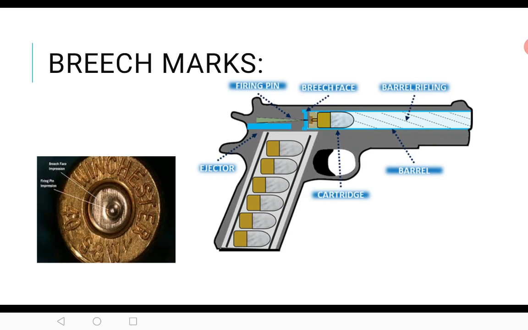The breech face leaves markings, nag-iiwan yun ng marka, on the head of the cartridge case as expanding gases push the cartridge case back against the breech face. When the head of a cartridge case slams against the breech face, merong nakikreate na negative impression of those imperfection ng breech face. Yung nakastamp yan into either the primer of the cartridge case or the cartridge case itself.